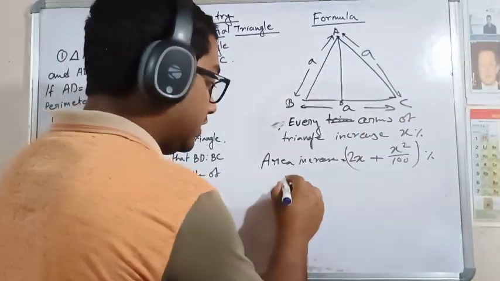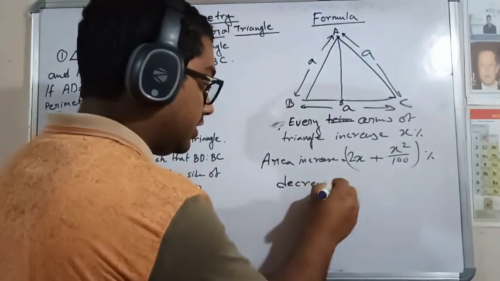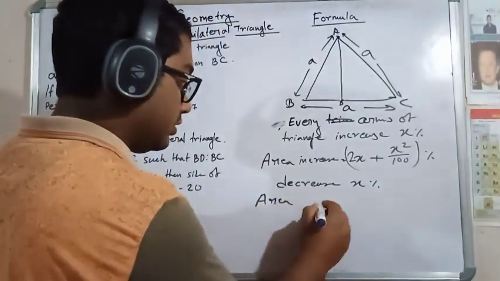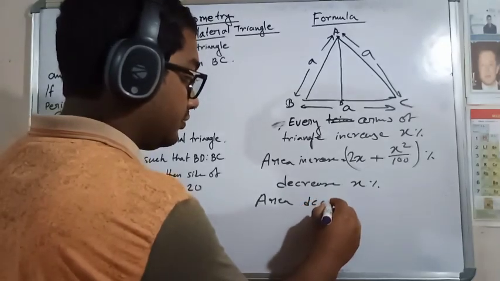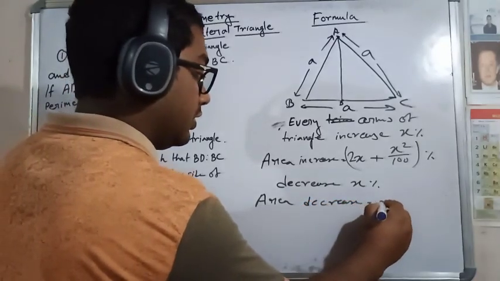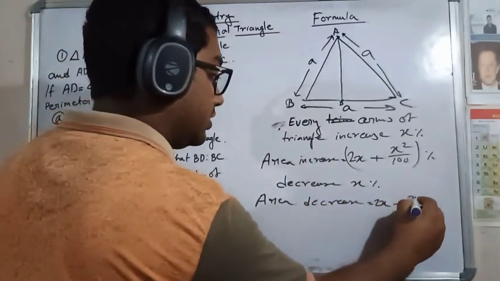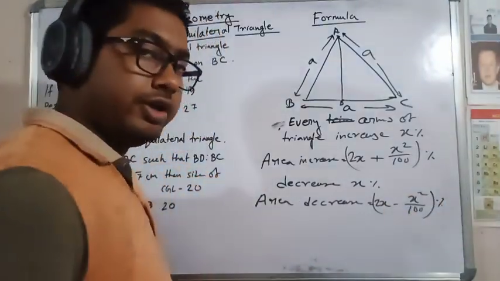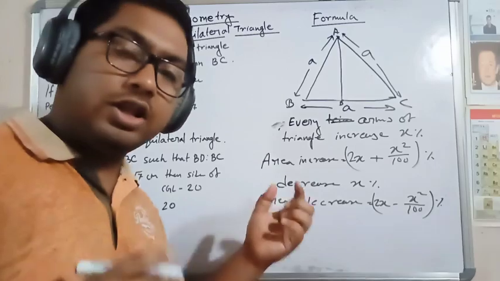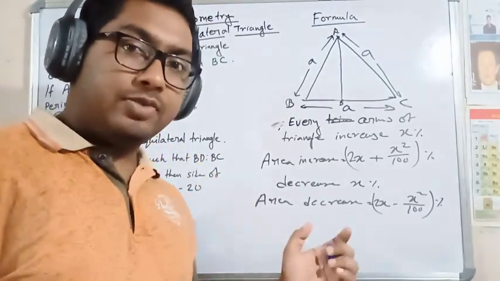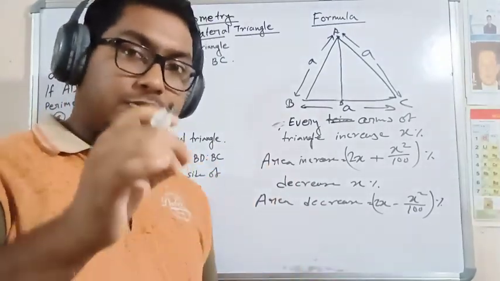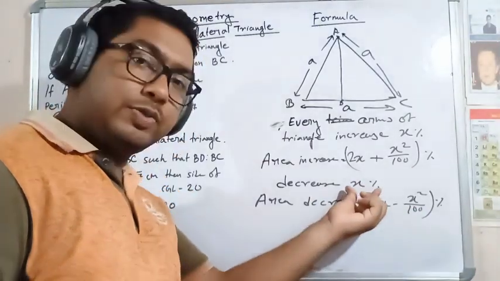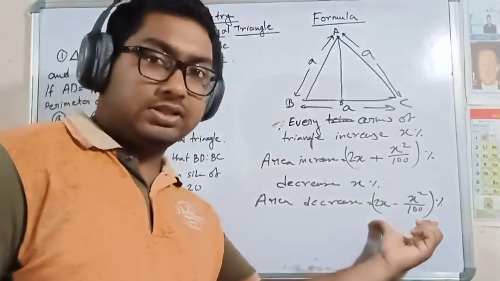And if the arms are decreased x%, then the area also decreases by (2x minus x square by 100)%. Okay, so this is the general formula for every triangle: if every arm of a triangle increases x%, then the area also increases by this amount, and if it decreases x%, then the area also decreases by this percent.